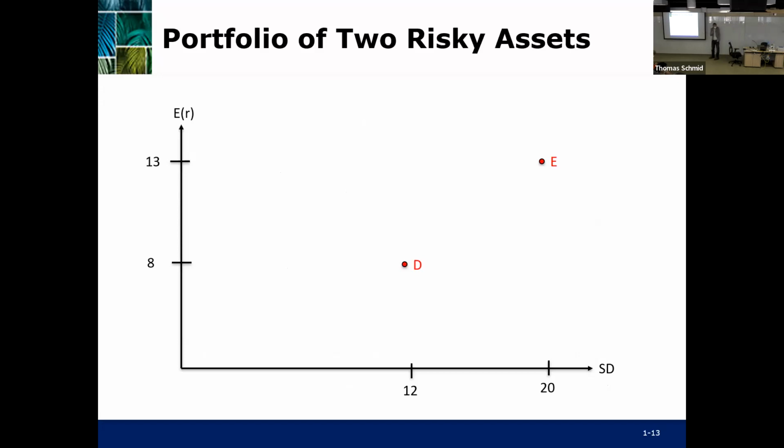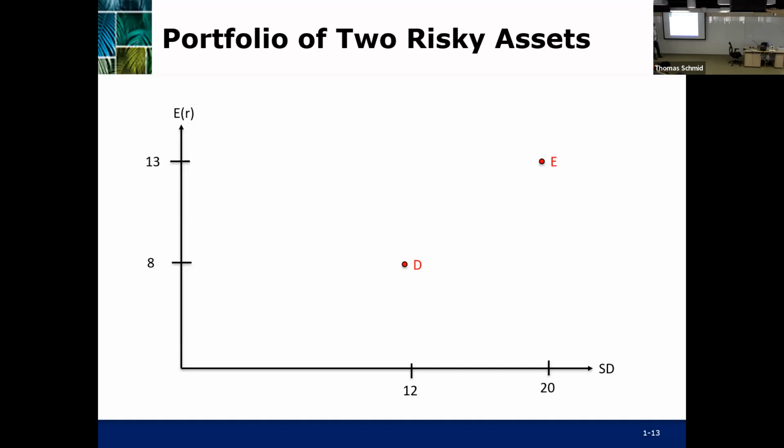This is always the key question for every investment. So now we go to our usual space. We have risk and expected return. The debt fund has 12 risk and 8 expected return. The equity fund has 20 risk and 13 expected return. Okay? So far so good.